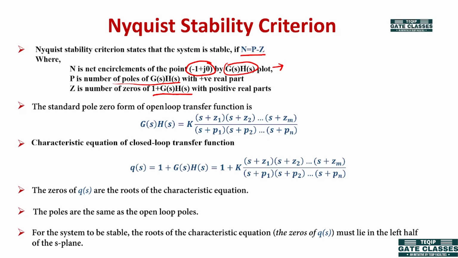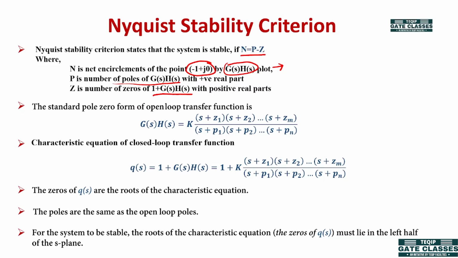So the net encirclement is equal to the difference between the poles of the open loop transfer function and the zeros of the characteristic equation.